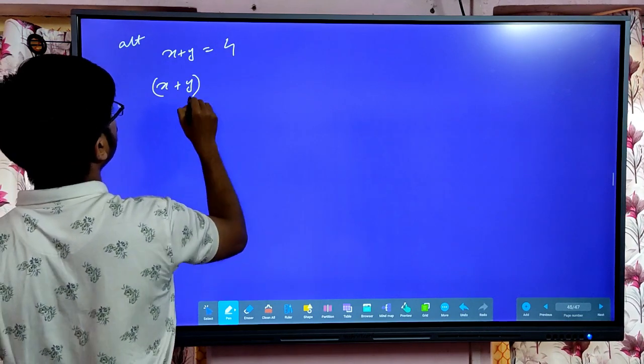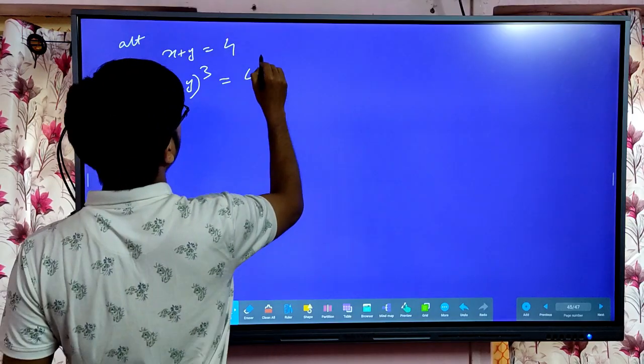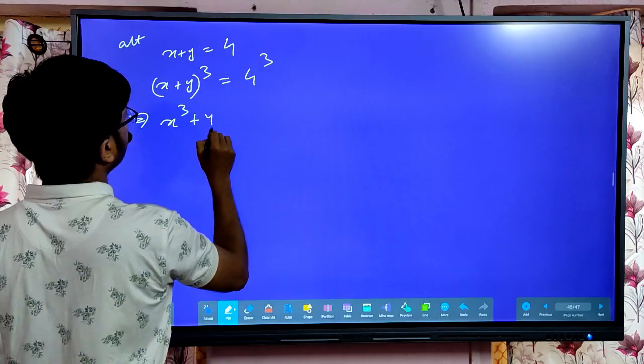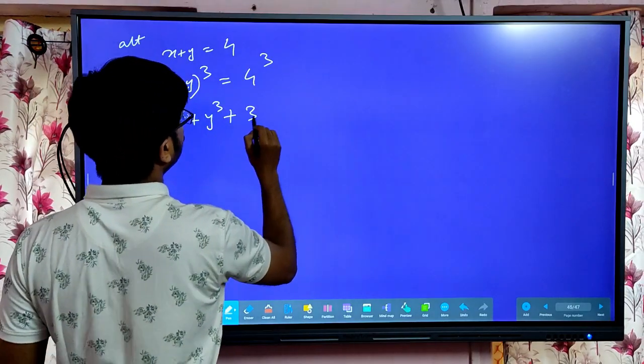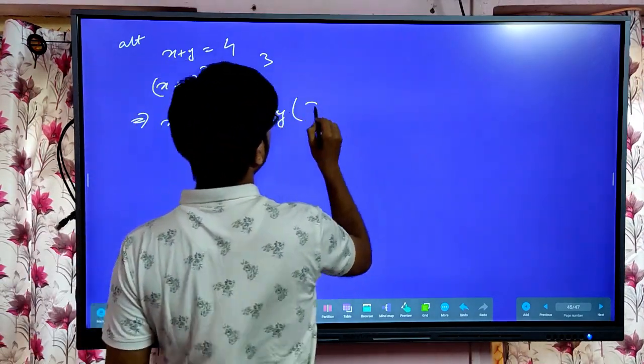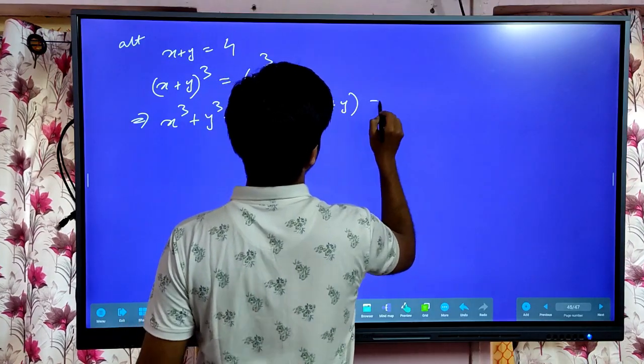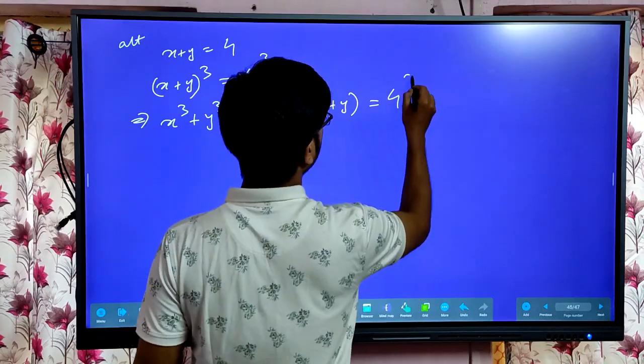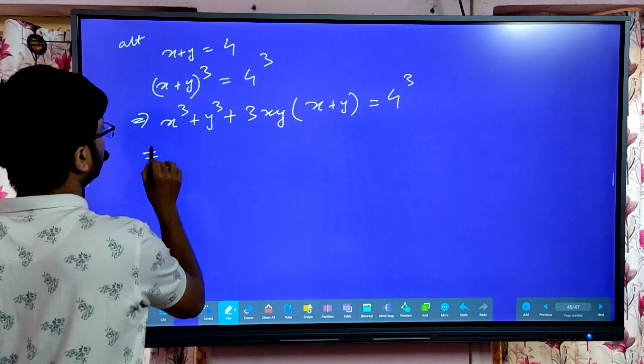So x plus y whole cube equal to 4 cube. So it will be x cube plus y cube plus 3xy into x plus y equal to 4 cube.